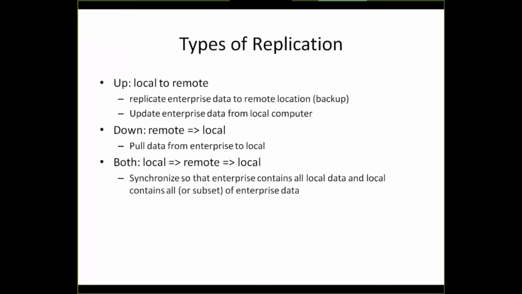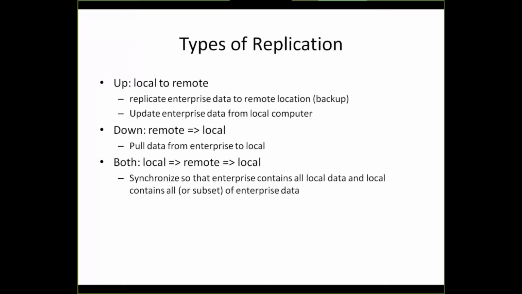For me, I think of types of replication in three categories: up, down, and both, syncing. For up, I think of local to remote. The concept of moving data from a local source to a distant source, to me, kind of smells like a database backup, especially at the enterprise level.